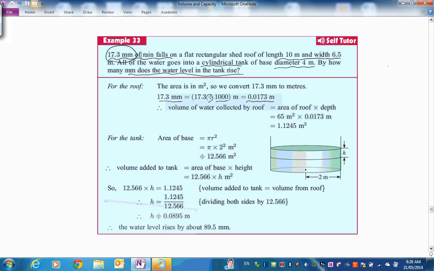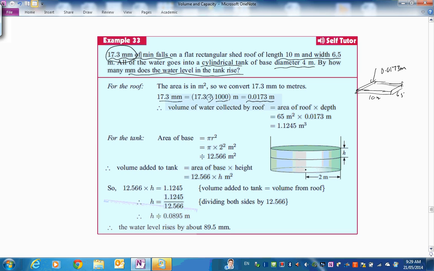So that is, if you like, the depth on the roof. Let's draw a picture. It's 10 metres by 6.5, and we've now said the depth is very small in metres. This is what we've got now when we're collecting the rain, and that depth is 0.0173 metres.